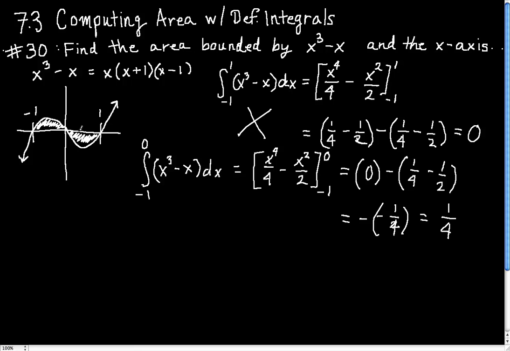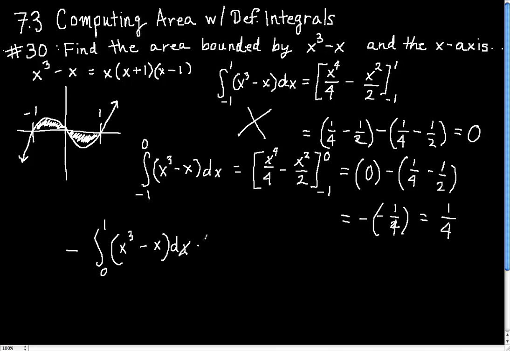Okay, so now I just need to get this part, and the way I can compensate for it being negative, well, if I integrate from 0 to 1, it's going to count this area as negative, so I'll just take the negative of that. So minus the integral from 0 to 1 of x cubed minus x. And this is much like what we just did.